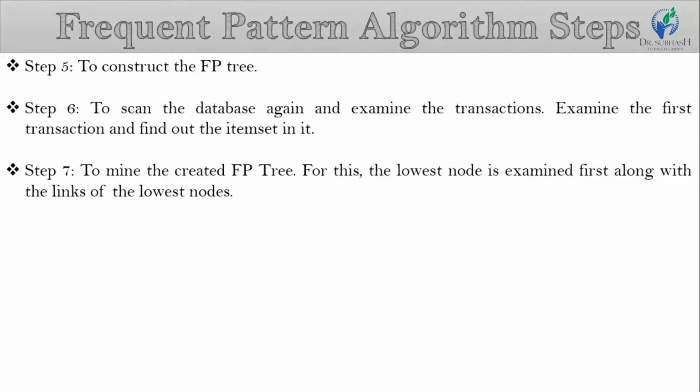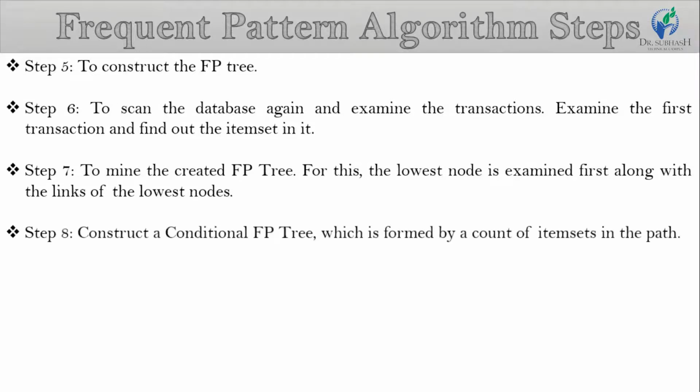For this, traverse the path in the FP tree. This path or paths are called a conditional pattern base. Conditional pattern base is a sub-database containing the prefix paths in the FP tree occurring with the lowest node, also known as the suffix for that.